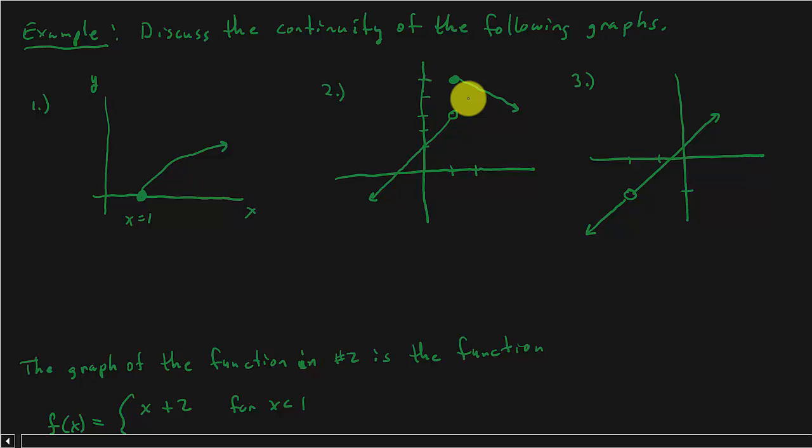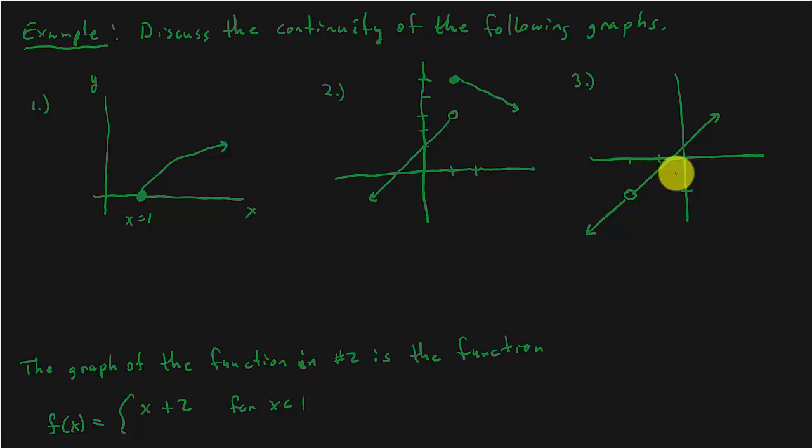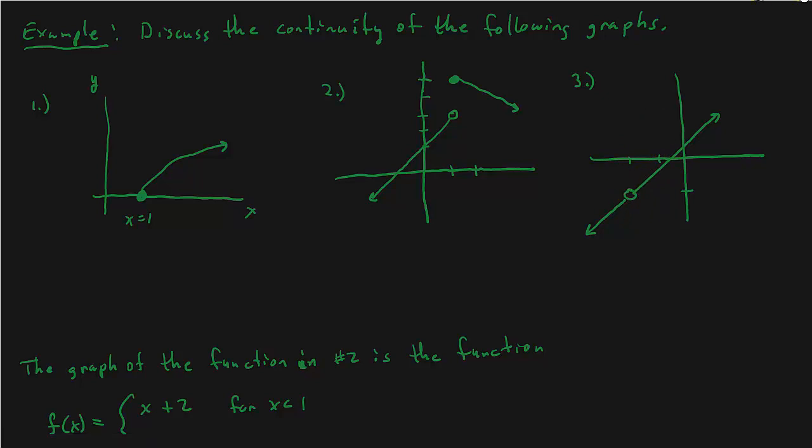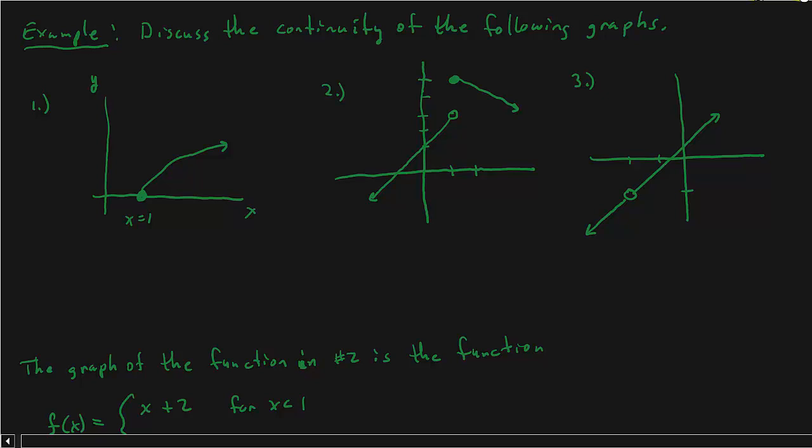And what about this graph right here? There's an open circle. You see the open circle? This function is not defined at -2. So it's not defined at -2, and it's not continuous here at -2.